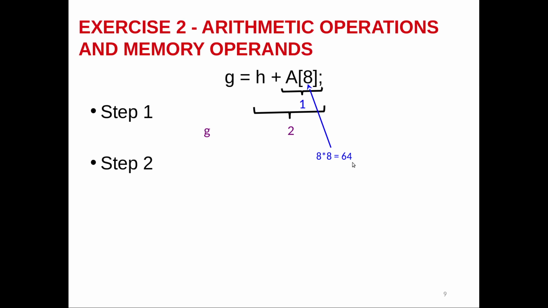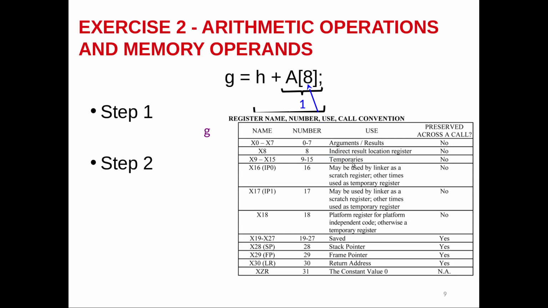So next we will go to step 2, and we look into our registers. In this table, you can see that, the same as exercise number 1, we can use X9 to X15 as temporary registers, and also X19 to X27 can be used as temporary registers.